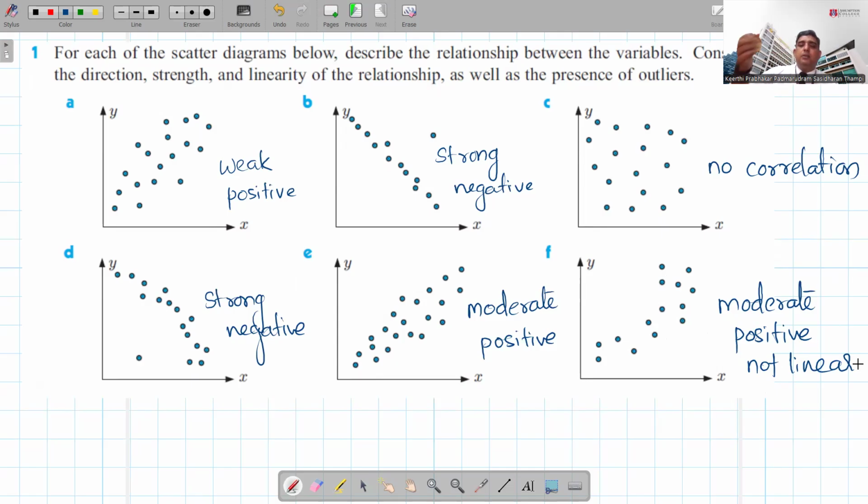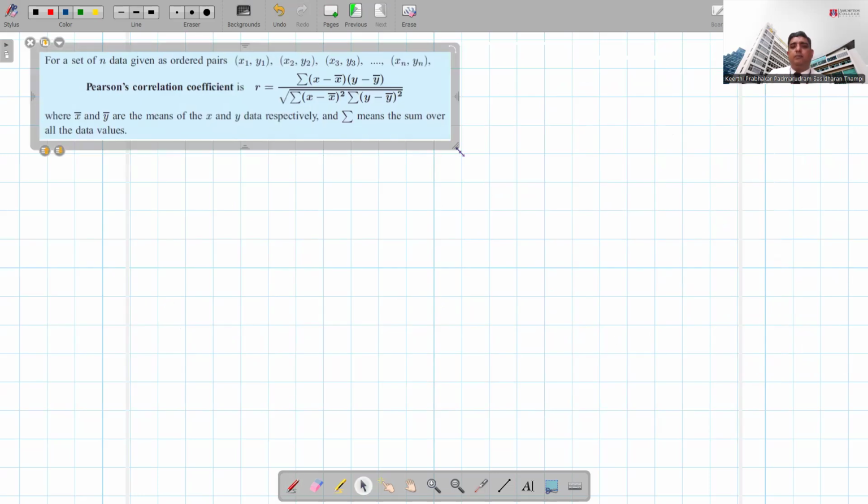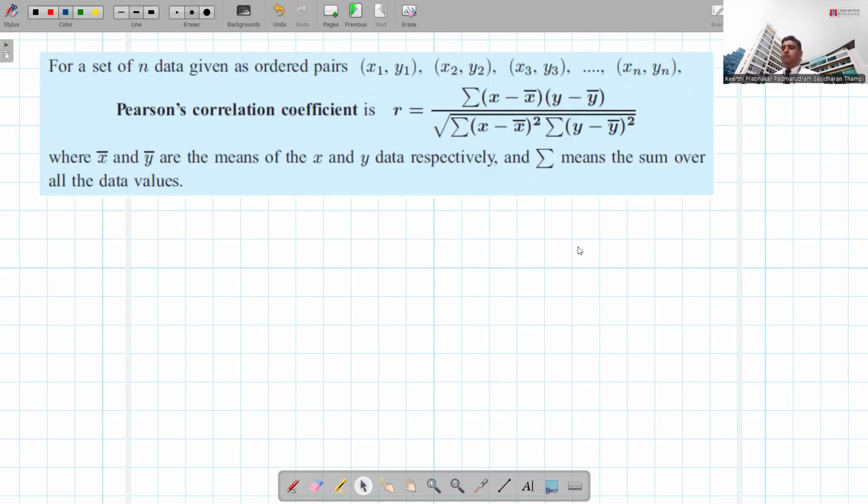You're trying to understand correlation using pictures or diagrams. Here we will also learn how to calculate the Pearson's correlation coefficient using a formula. Again, you don't need to learn the formula.